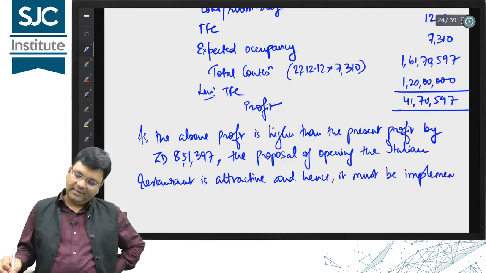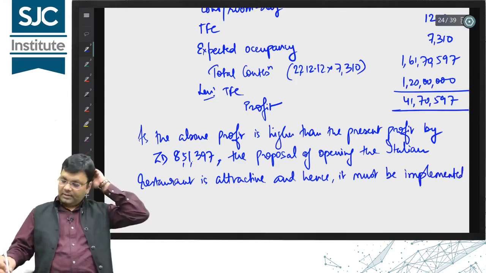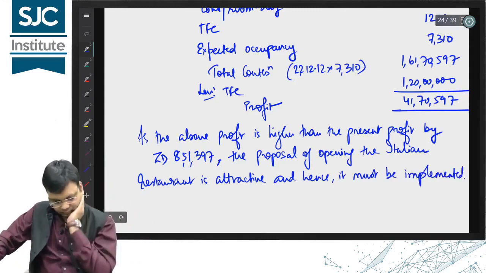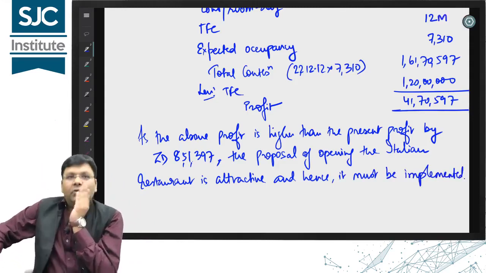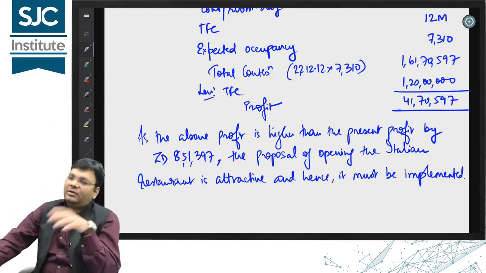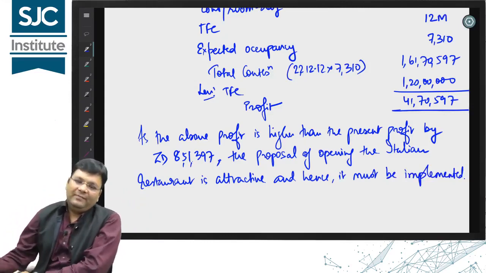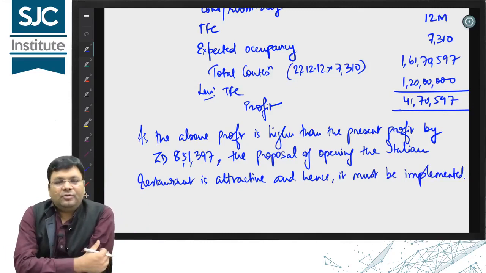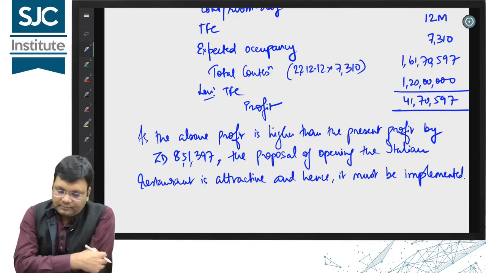So the shutdown option is not viable and you must open the Italian restaurant.